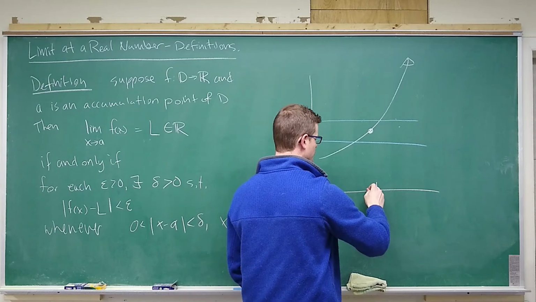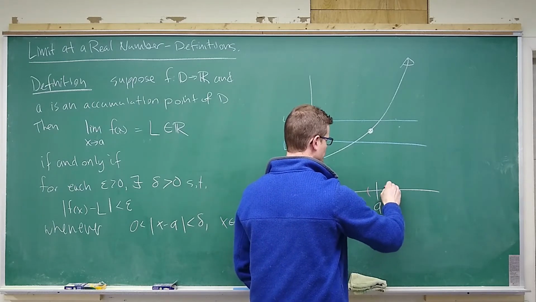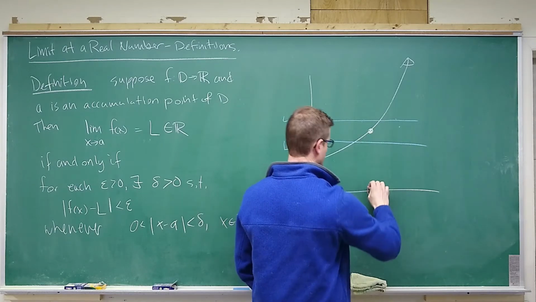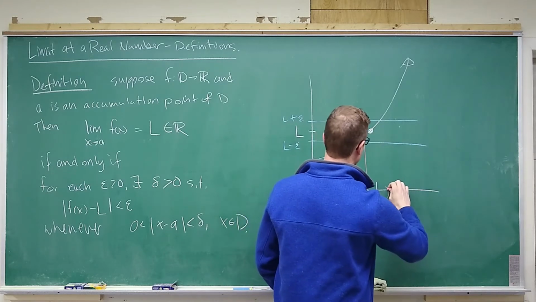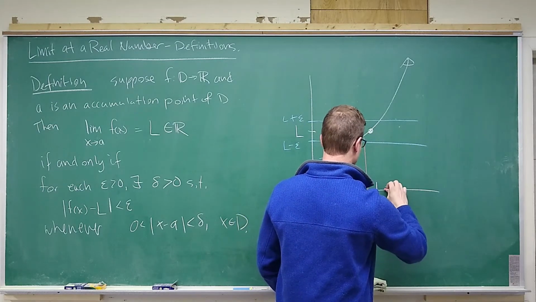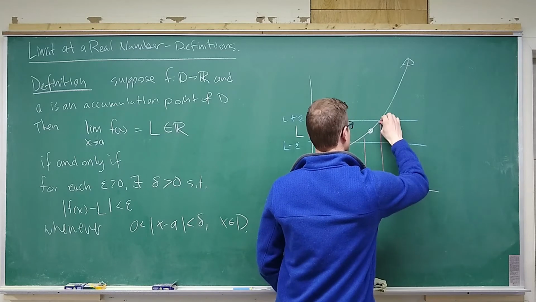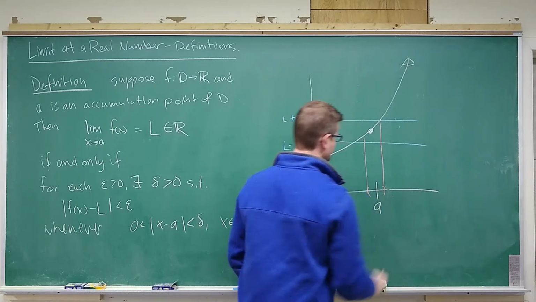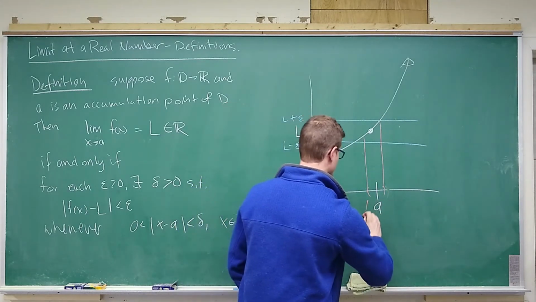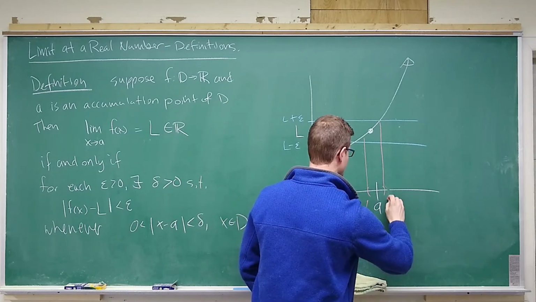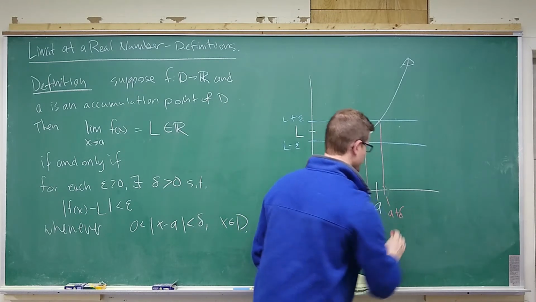The evaluations will. So if I find some window, then I can take these values. That might be a little bit high there. Up to there. Yeah, that looks pretty good. Alright, so this is a minus delta, and this is a plus delta.